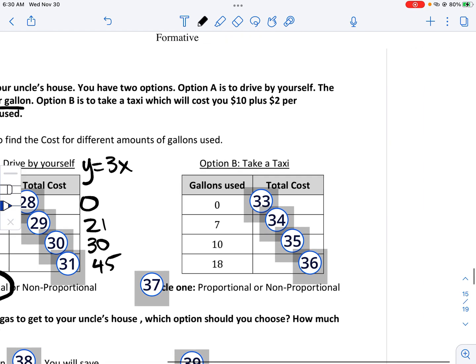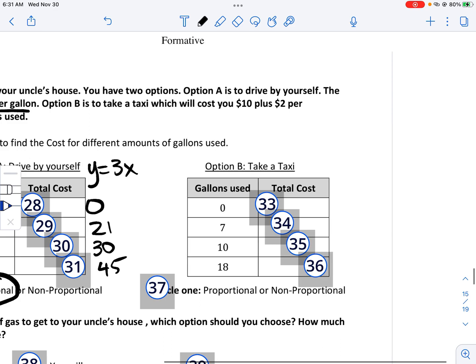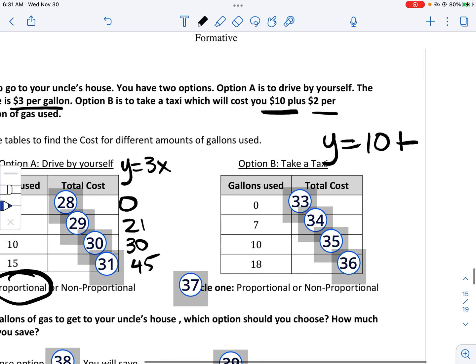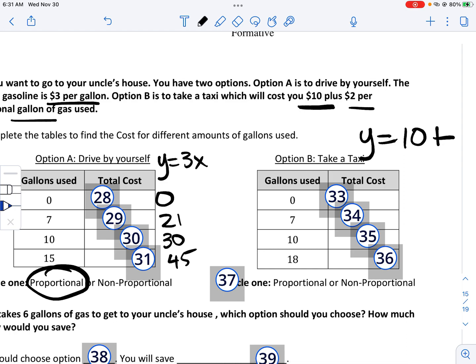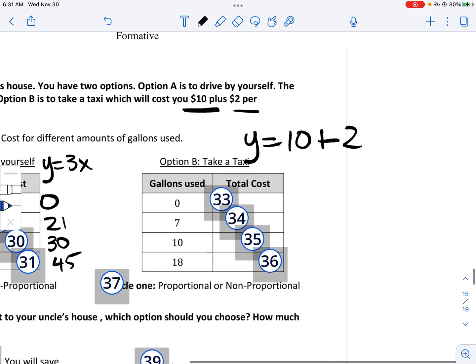Okay, this one over here. It says option B, it will cost you $10 plus. It already told you. $10 plus $2 per gallon of gas. So 2x. So I'm going to plug this in.